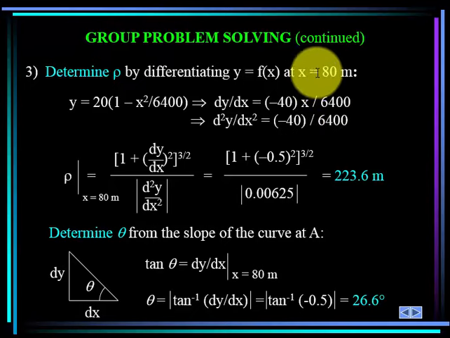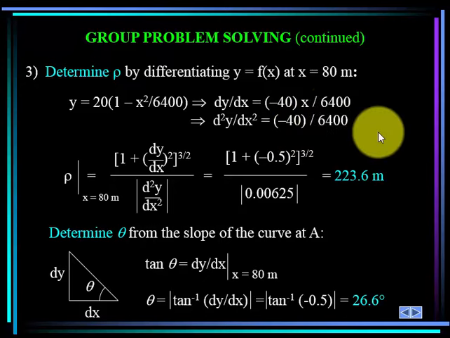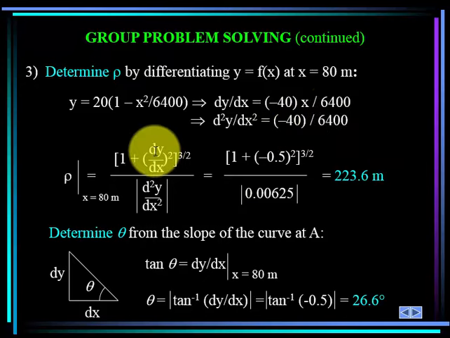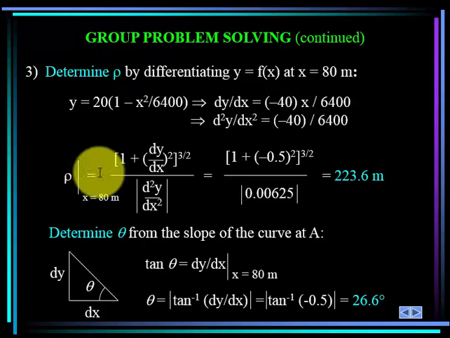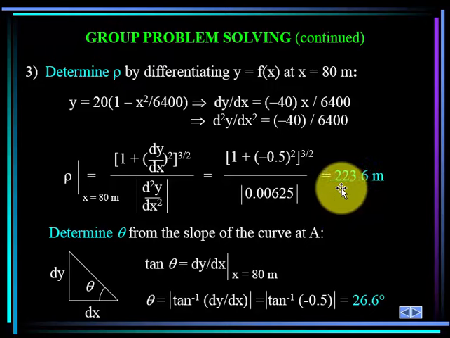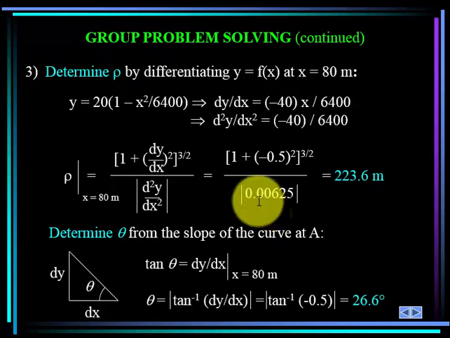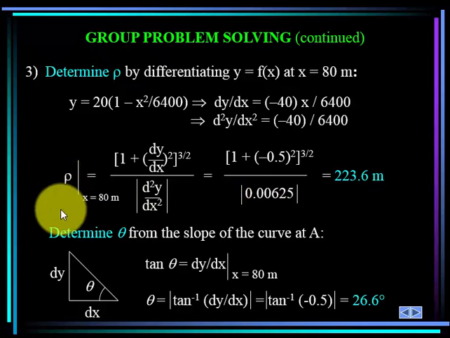Plugging in x equal 80 from the original problem statement, that was our location, we then get a number for the first derivative, a number for the second derivative. Plugging those numbers into the radius of curvature equation, we get a radius of curvature of 223.6 meters. That takes care of the rho piece for our current location.